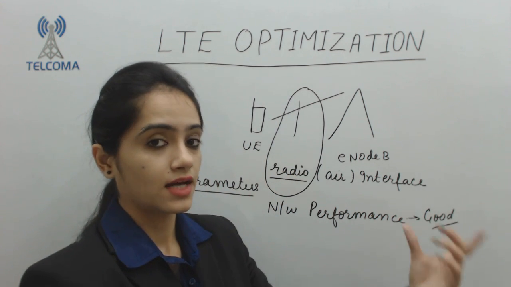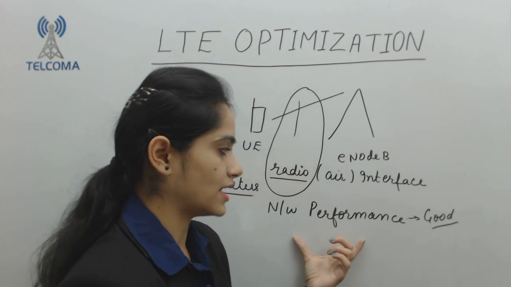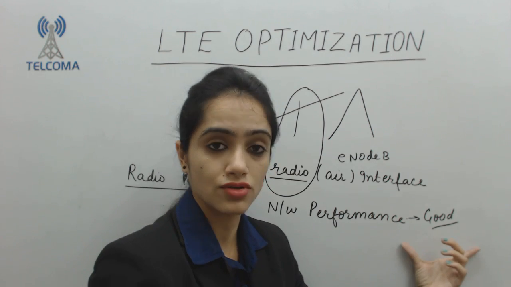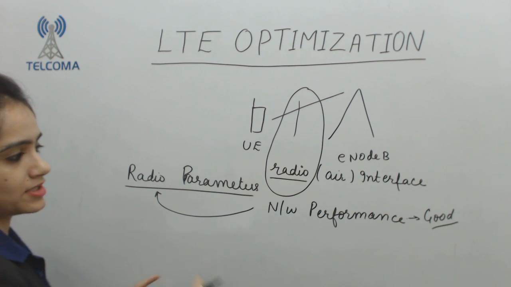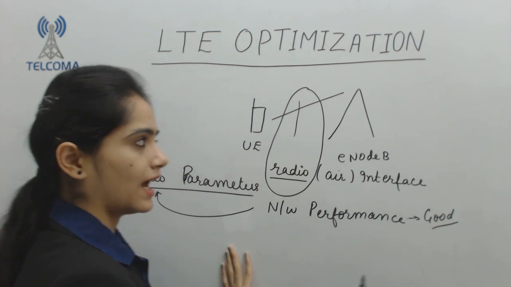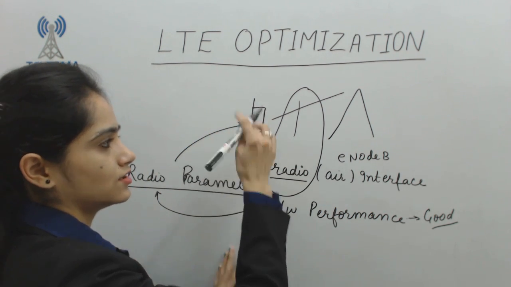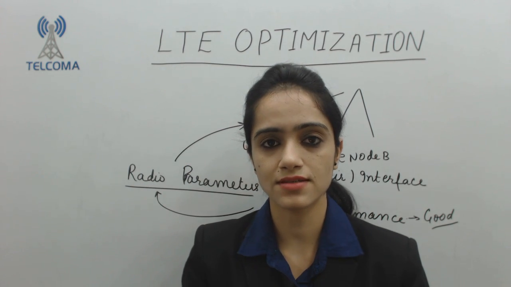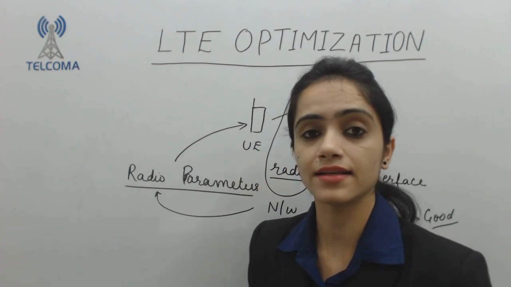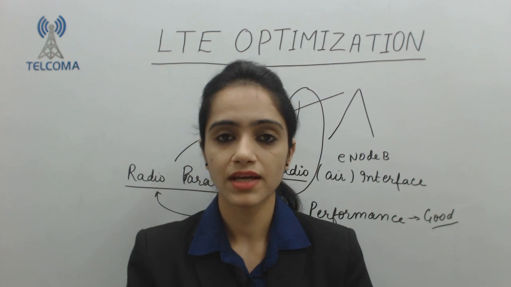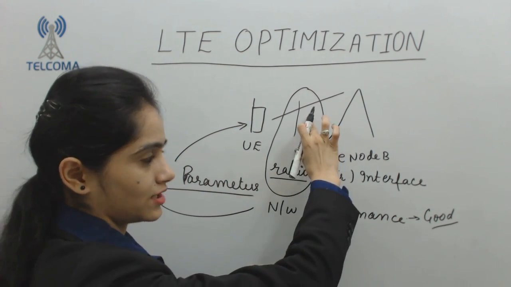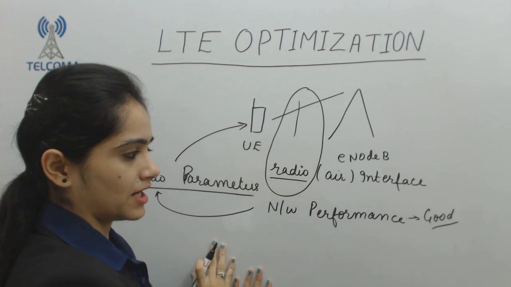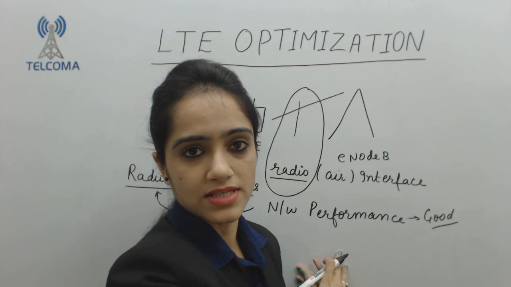If I am an optimizer, I require that my radio parameters should be good, and in return the UE should get good services, which is directly related to the quality of service. These are all interrelated: good radio network conditions, good radio parameters, good network performance.